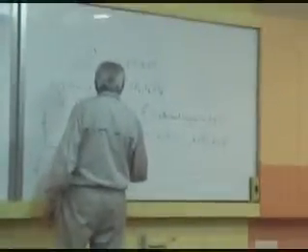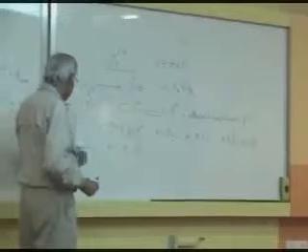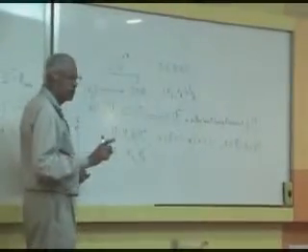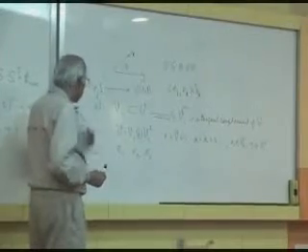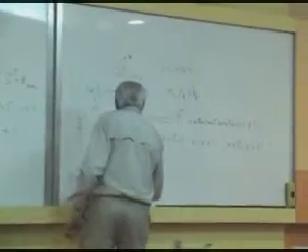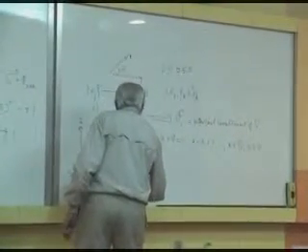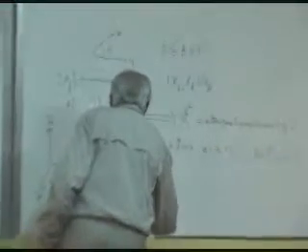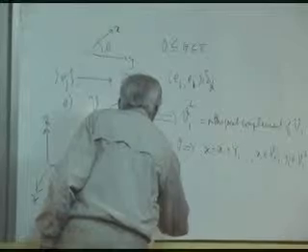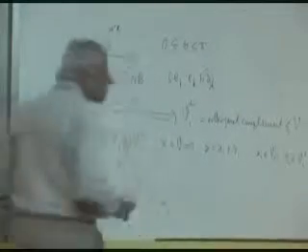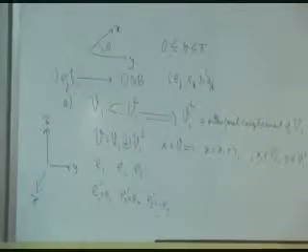Suppose E1, E2, E3 are the original right-handed unit vectors of an orthonormal system, along x, along y, along z. Now suppose I say E1 prime is E1, E2 prime is E2, and E3 prime is minus E3. Just change the sign of one of them.